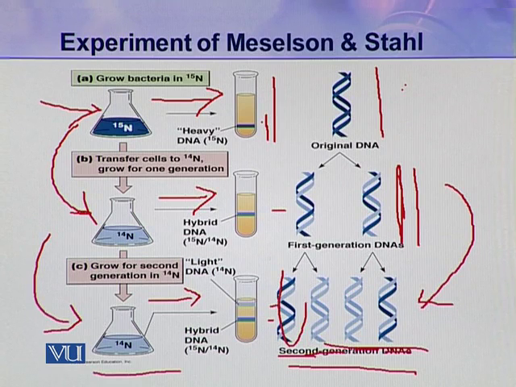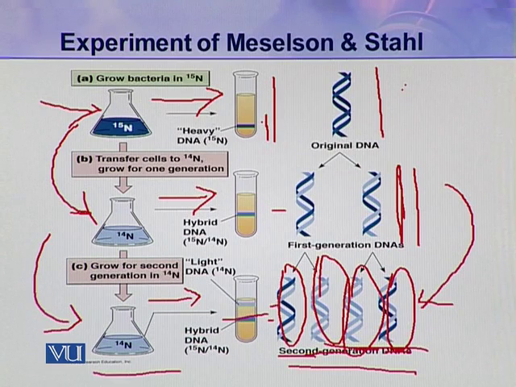So this one and this one are hybrid DNA, and these two, this and this, are lighter DNA, which contain N14. In this way they proved that the semi-conservative type of replication is the correct type of replication in DNA.